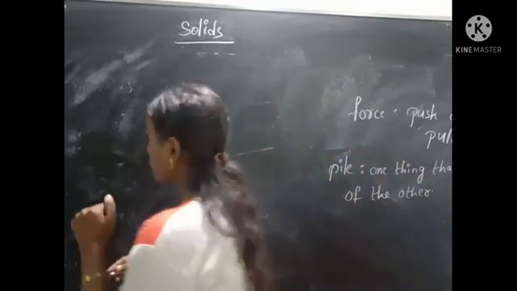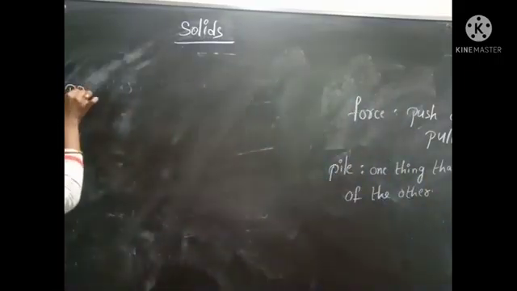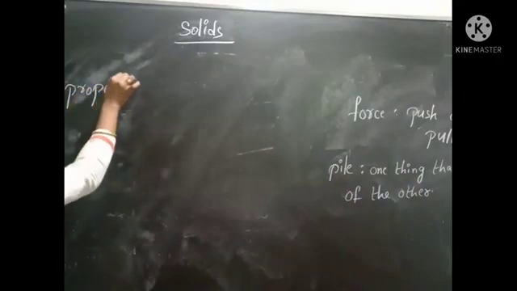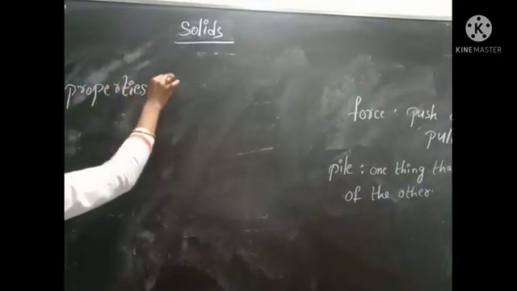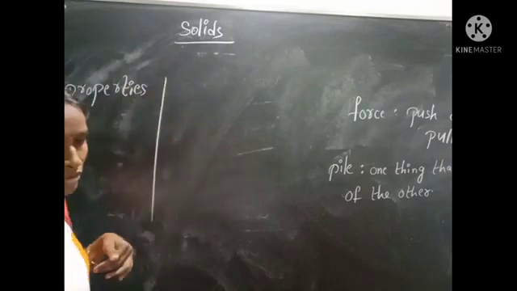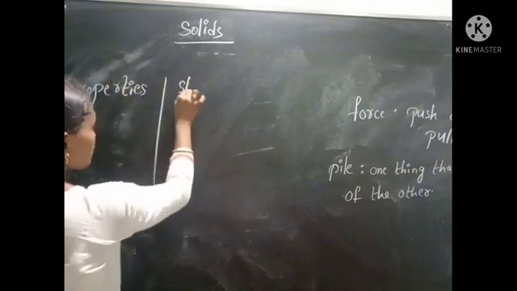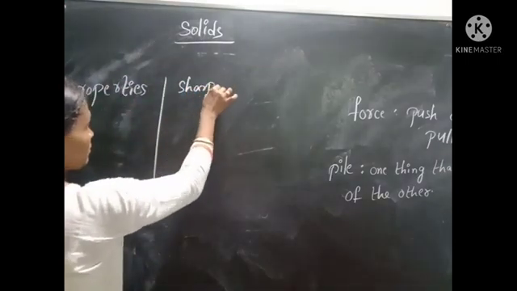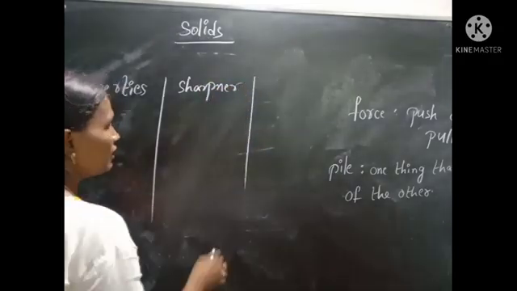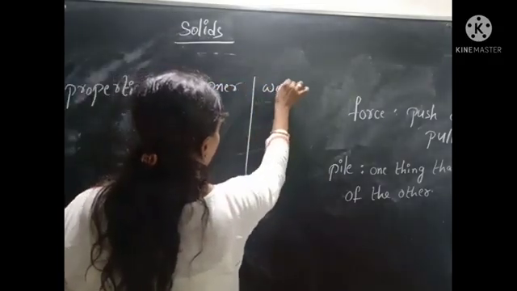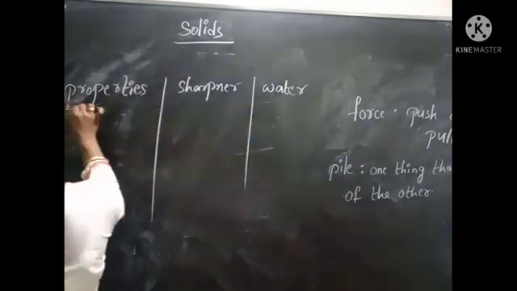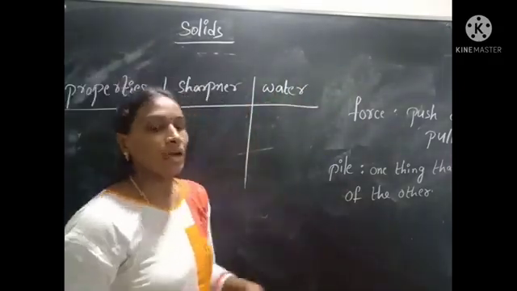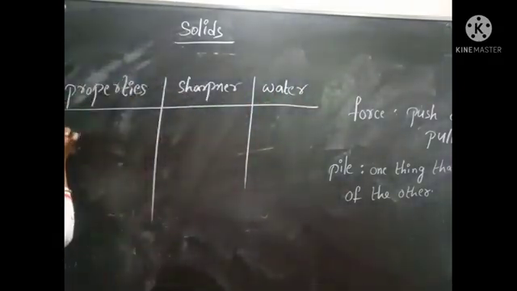I am taking the sharpener. First, we are going to write the properties. I took the example as a sharpener and water. Now see the properties.